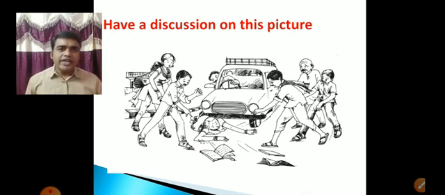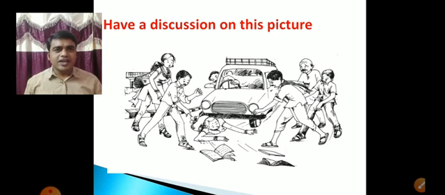In this picture, we can see a girl met with an accident by the car or car driver. That girl seems to be a student. The people around her, or the people who are walking on the road, rush to help the girl.